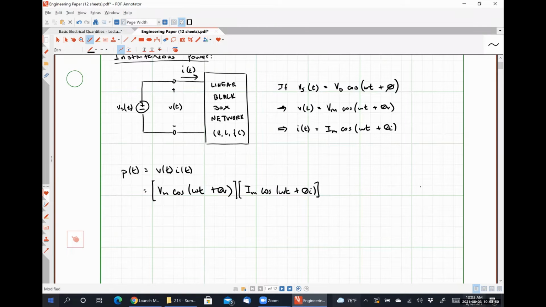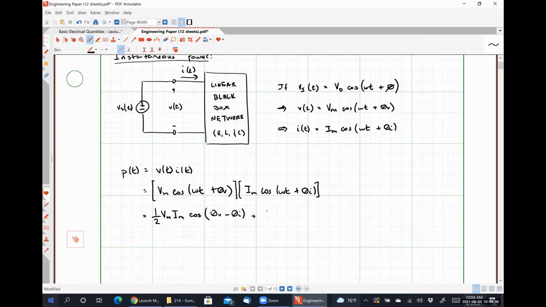Using trig identity number 9 from our sinusoidal review lecture, I can express the product of two sinusoids as 1/2 the cosine of the difference of the angles plus 1/2 the cosine of the sum of the angles, which in this case is going to look like 1/2 Vm Im cosine omega t plus theta v minus omega t minus theta I, leaving just theta v minus theta I in this term.